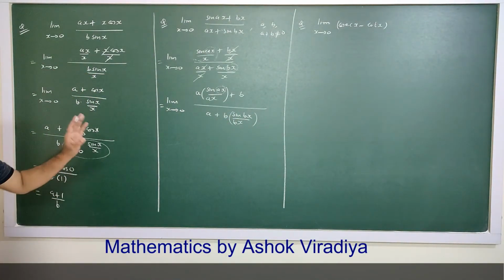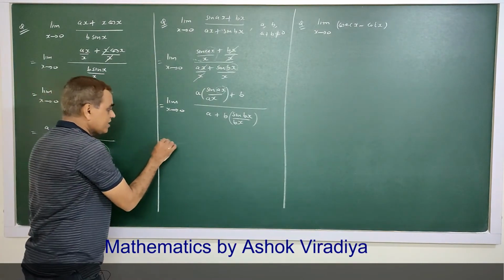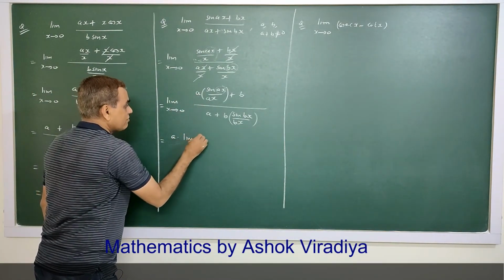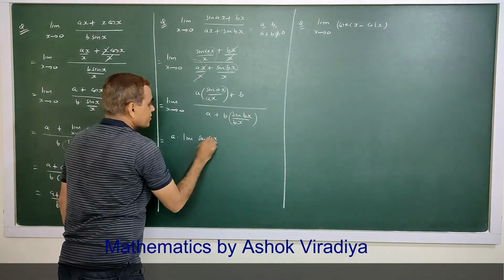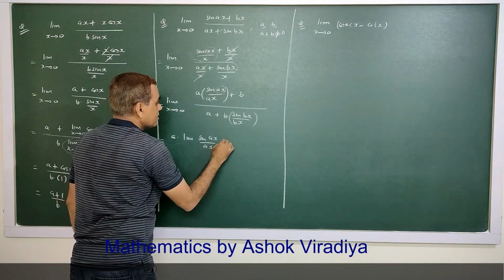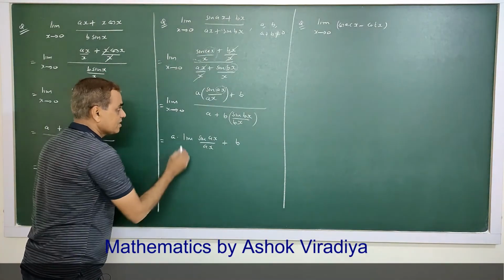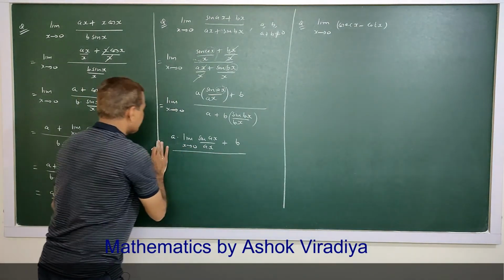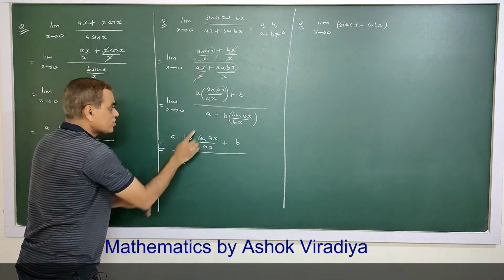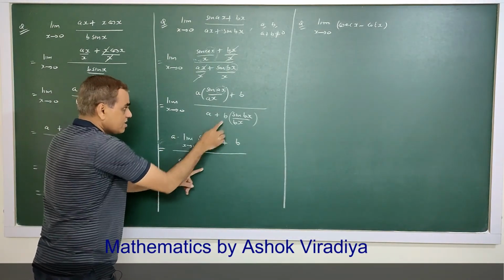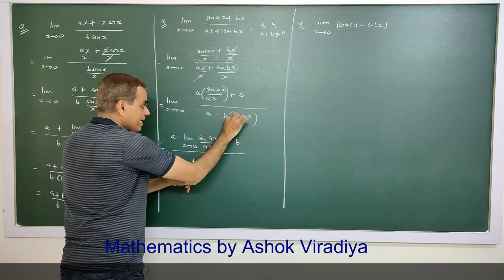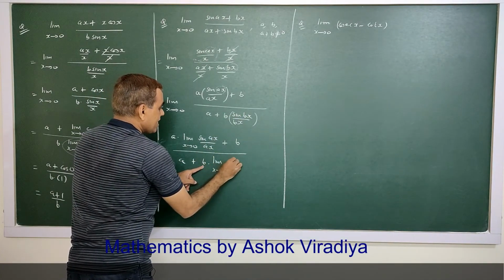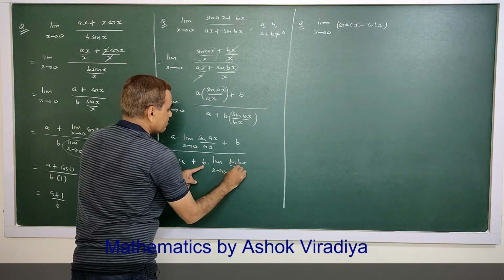Now distribution of limit: a into limit of sin ax upon ax plus b as x tends to 0. Here a is constant, keep it as it is, plus b put outside, apply the limit on this term, limit of sin bx upon bx.